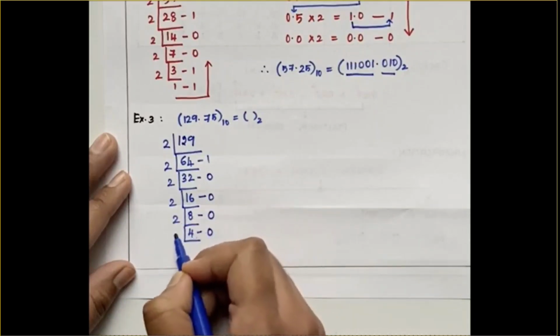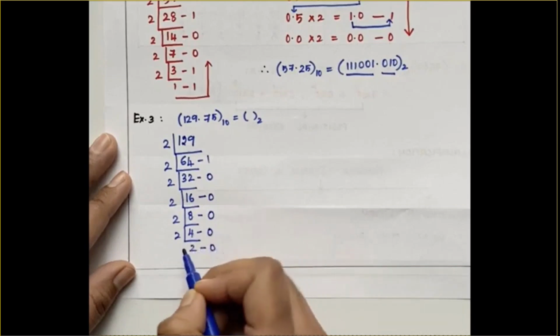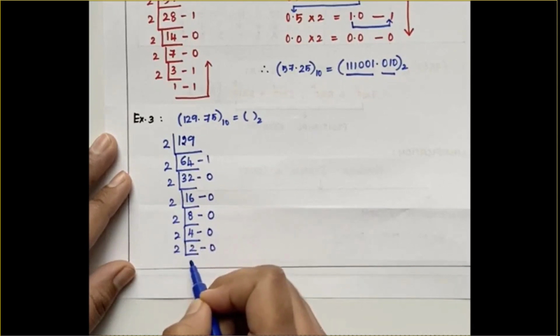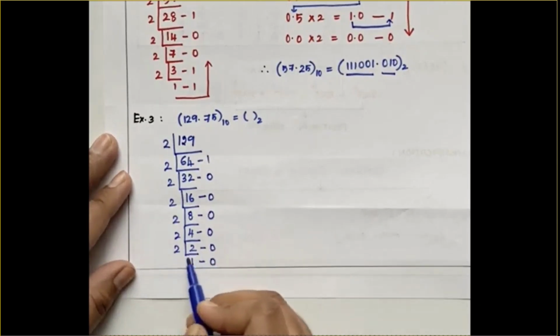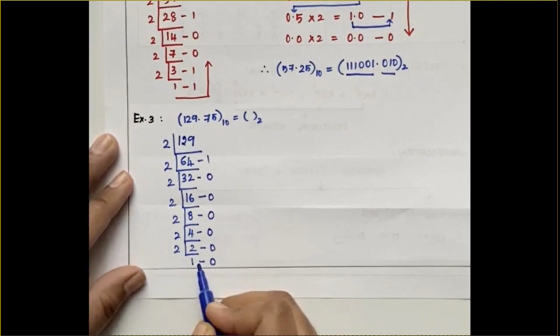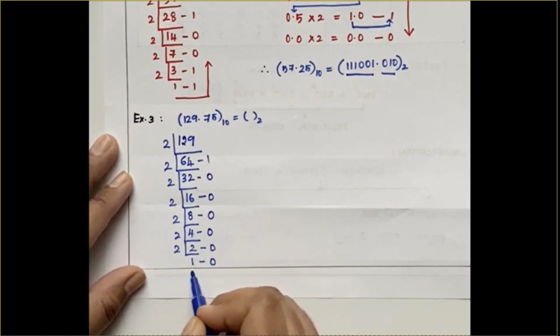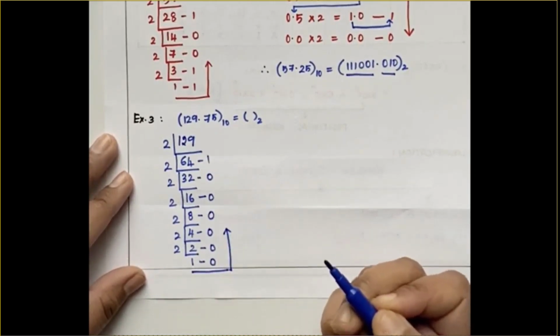Next 2 2s are 4, no remainder, so 0. Again 2 1s are 2, no remainder and 0. We cannot divide it further. So now we will draw our arrow mark starting from the last value, moving upwards, so that we can identify the equivalent representation for the integer part of 129.